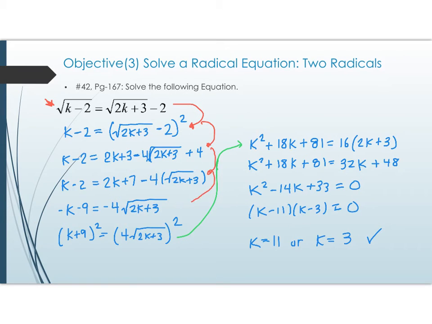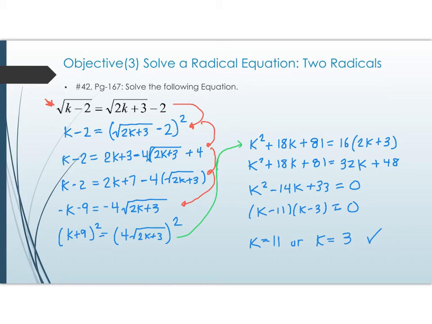So on the left side of the equation, it's going to be a minus k minus 9 when we move the 2k plus 7 to the left side. And on the right side, we get a minus 4 square root of 2k plus 3.